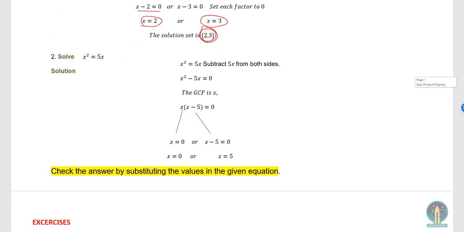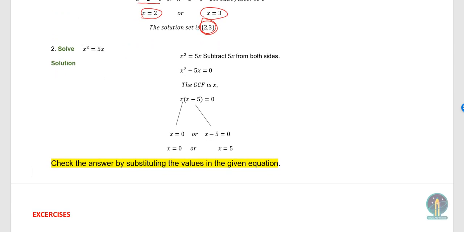Here's another example. Solve x squared equals 5x. If we bring the 5x to this side, we have x squared minus 5x equals 0, in which case we can factor out the x. So we have x times (x minus 5) equals 0.